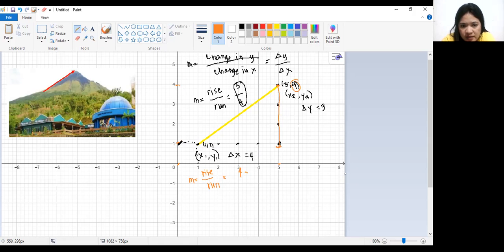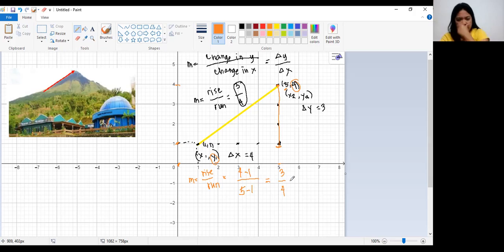Minus 1, so this point. Okay, 4 minus 1, or yung y sub 1 mo, which is 1, over run, so ano yung final destination mo, which is 5, minus yung initial mo, which is also 1. So, 4 minus 1 is 3. 5 minus 1 is 4.